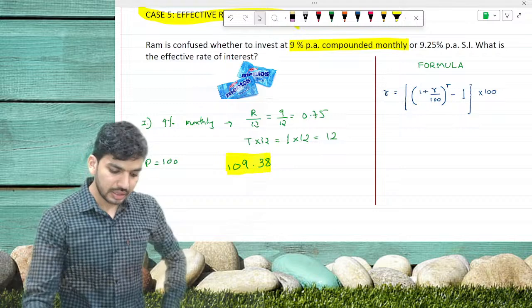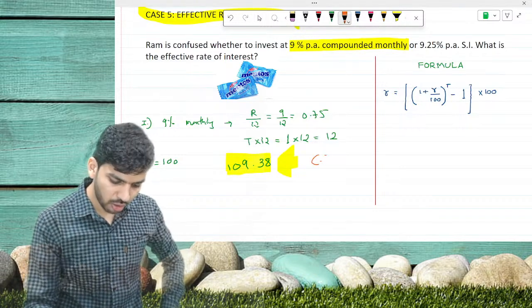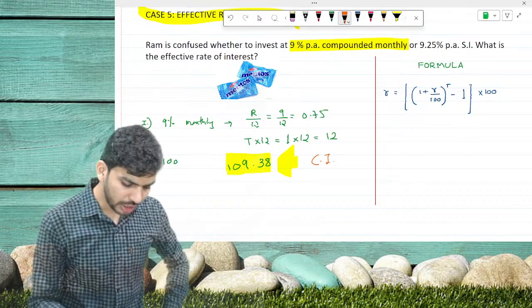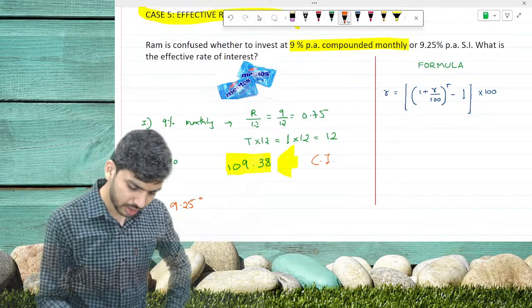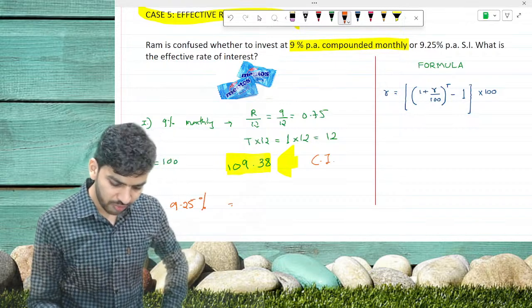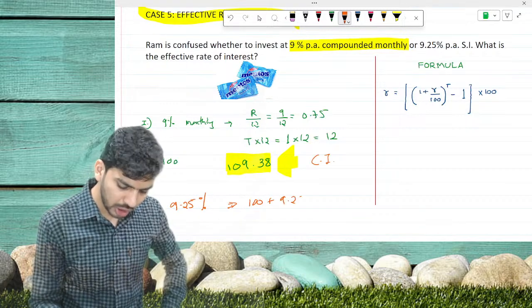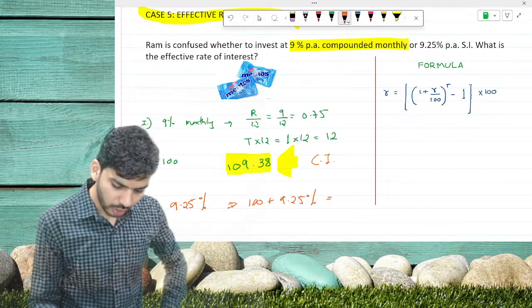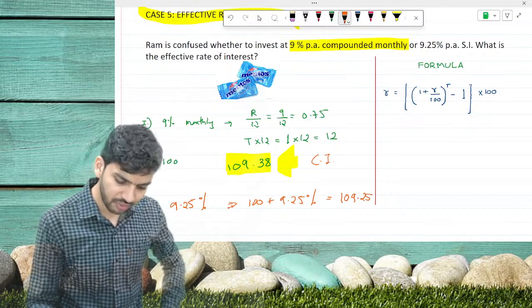So now this is the amount by compound interest. According to simple interest, it is 9.25%. If it is 9.25%, that means 100 plus 9.25, it's going to be 109.25.